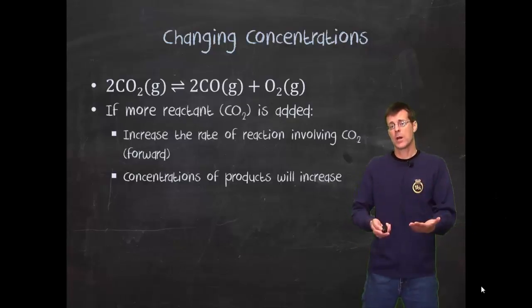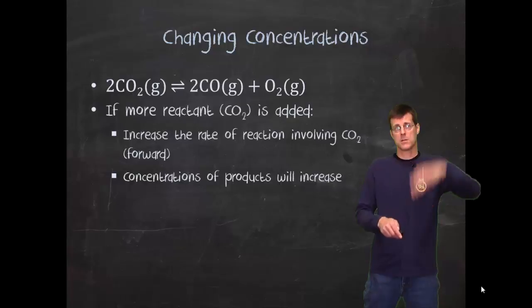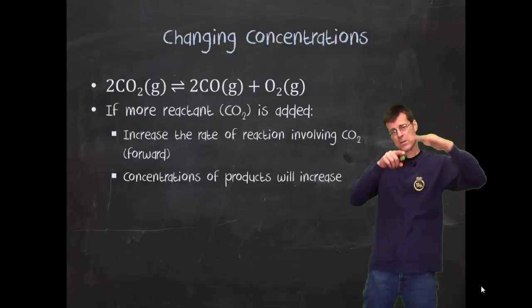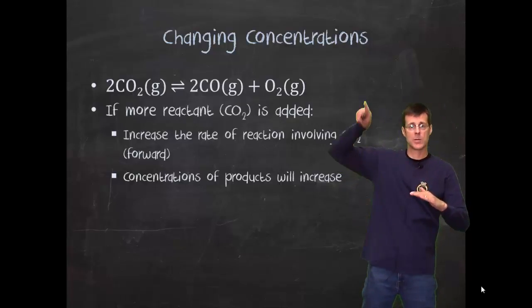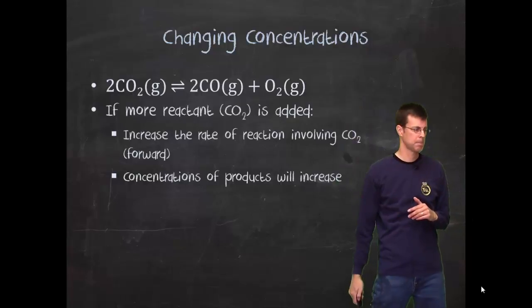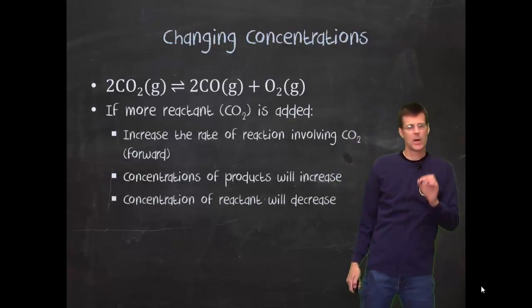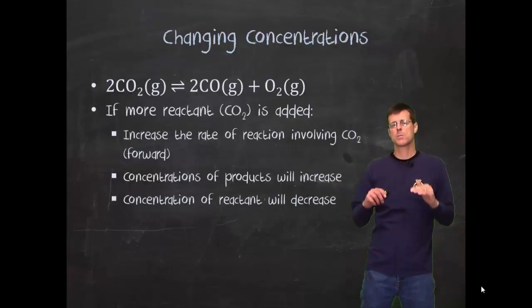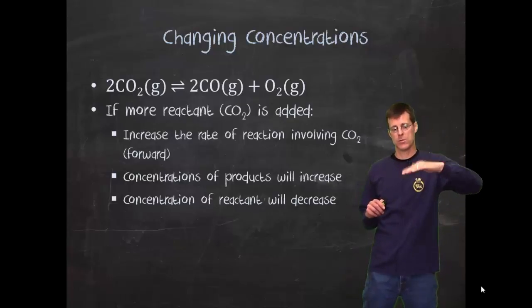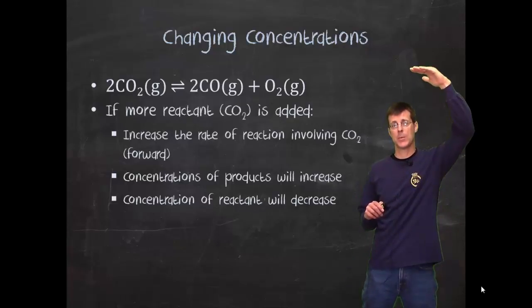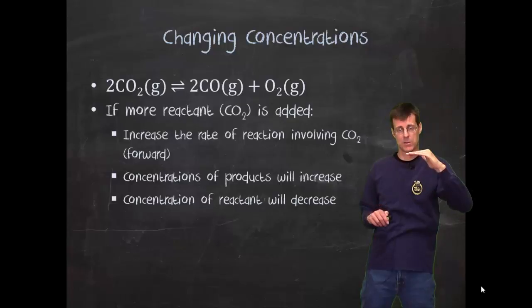So if I increase the concentration of the reactants, it goes up here, it's going to drop down as those reactants make products, and the products are going to go up. Okay? Now, if I had a system at equilibrium and I add more, so I'm starting here and I'm putting it up, I might not drop back down to the original point.